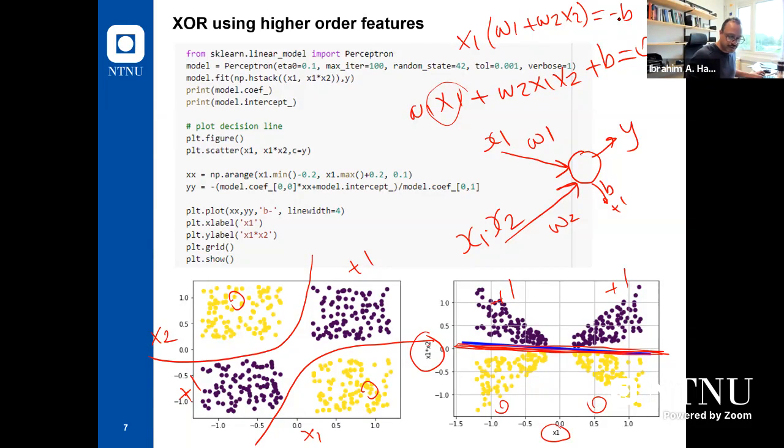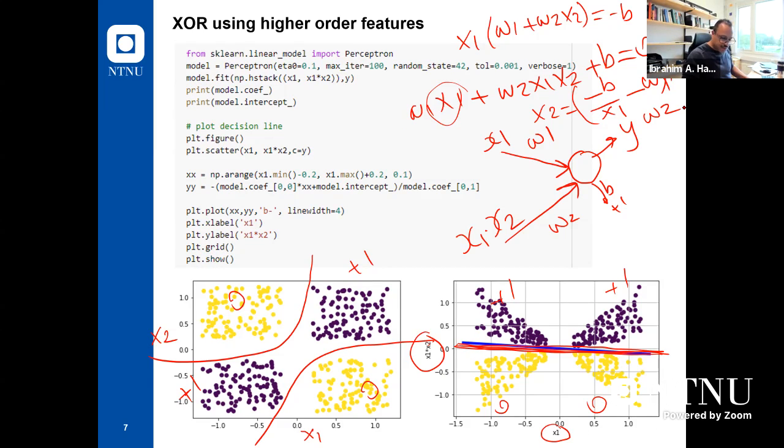So I need to get x2. So in this case, x2 will be minus b divided by x1, minus omega1, all divided by omega2, right? So we can find an equation for the line if you want to plot it. We did it here.